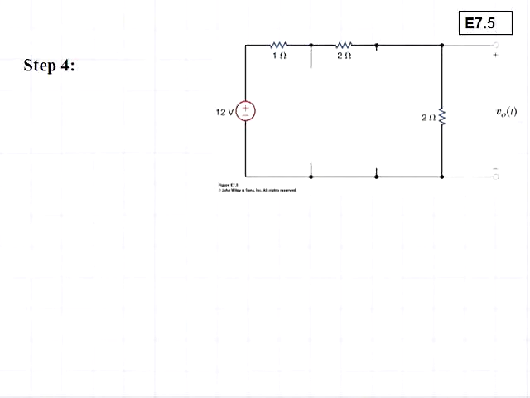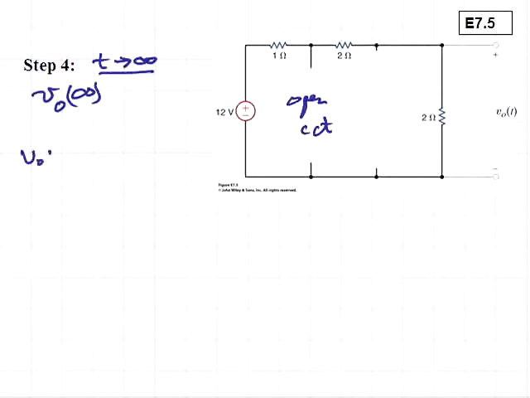Step 4 will consider what happens as time goes to infinity for the output voltage VO at infinity. In this case, the capacitor again is in a steady state condition, so it looks like an open circuit. The switch has been opened, so it no longer is in the circuit.